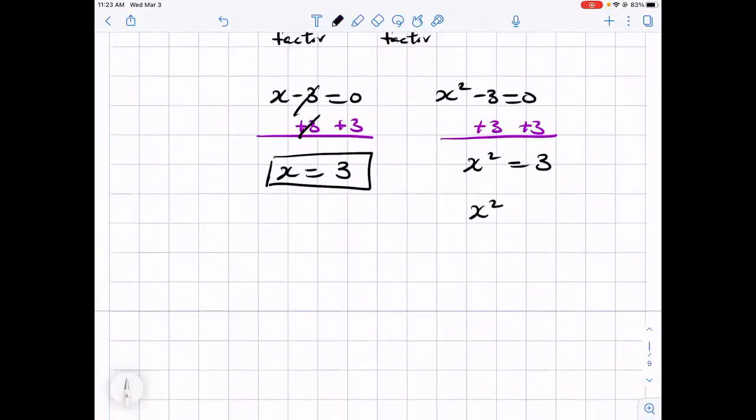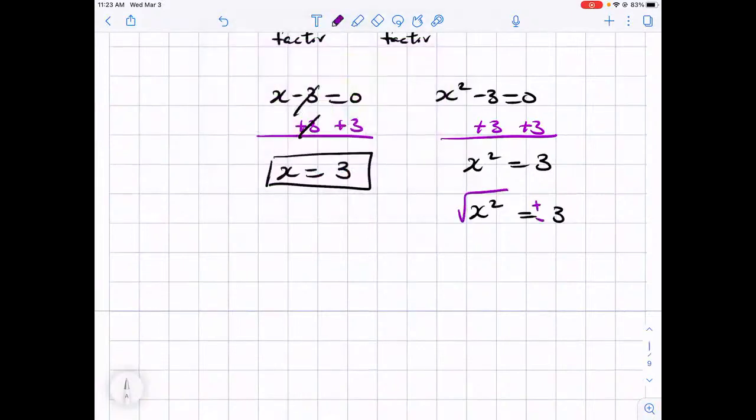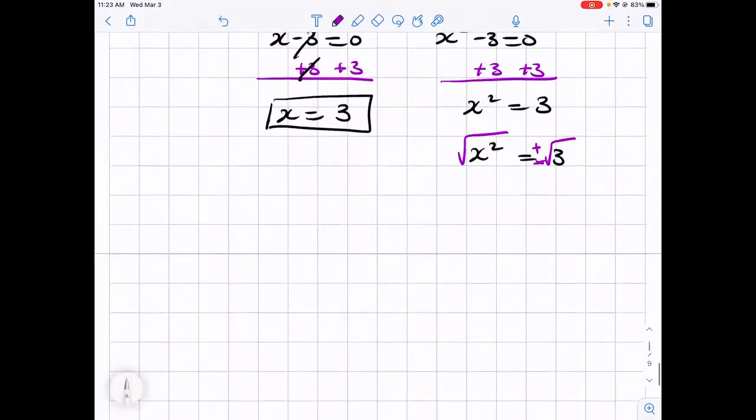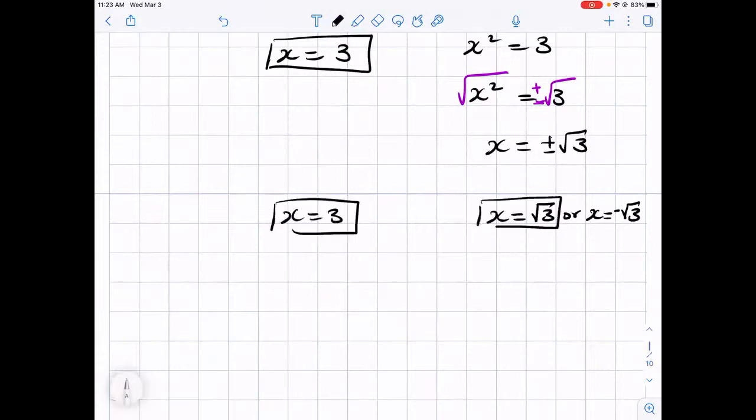To get x by itself, we take the square root of both sides, so x is equal to plus or minus the square root of 3, which really means x is equal to the square root of 3, or x is equal to minus the square root of 3. And don't forget we had x equals 3. So here are my 3 answers.